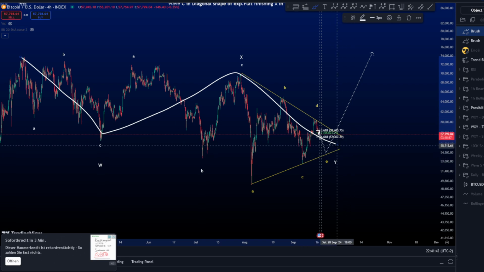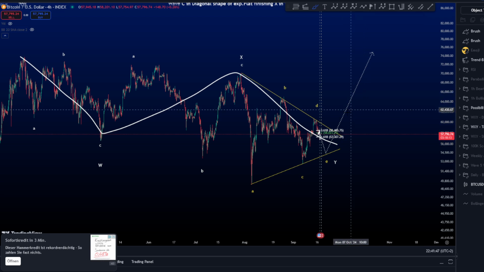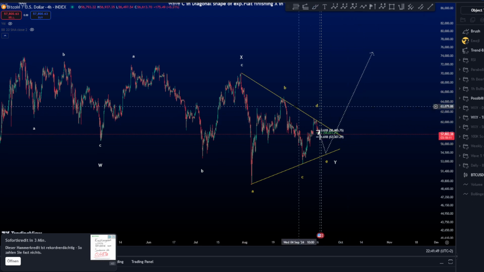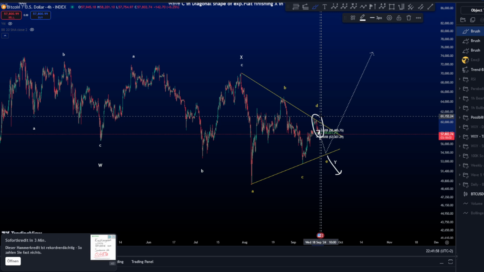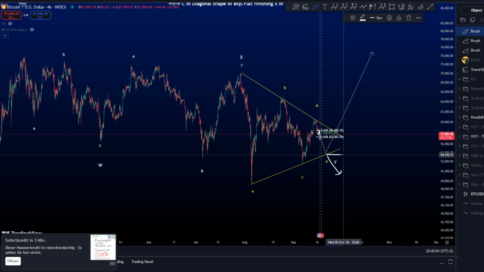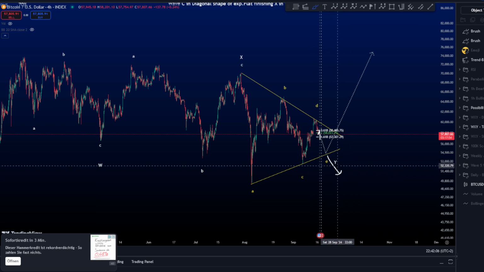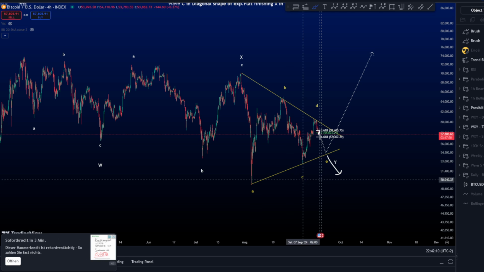After this, of course, we want to look for continuation towards the upside. However, we don't forget that there is still one bearish scenario that can have lower prices than this trend line here. So it's the same as how we trade this. Okay, we're going to trade the same, of course, here. Preferably, of course, wait and see if lower prices go down. Then, of course, you want to keep things moving down, right?